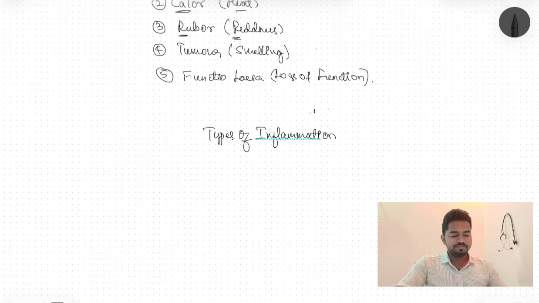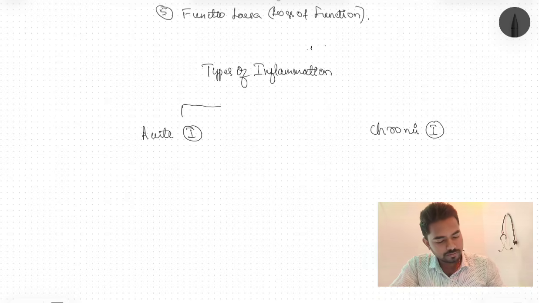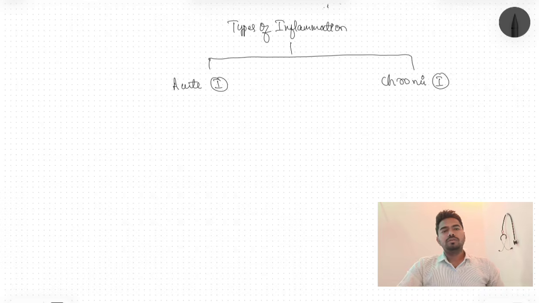Now we'll go for types of inflammation. We have two types. One is acute inflammation, one is chronic inflammation. Guys, to rule out if there is any acute inflammation, we have to look for cells.